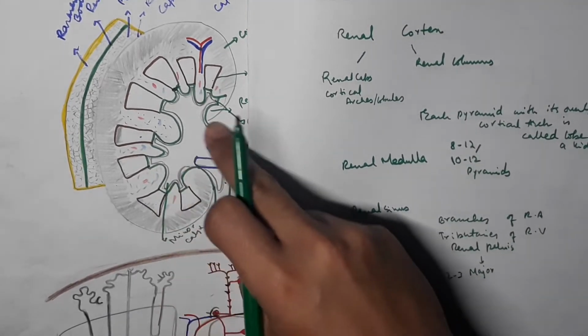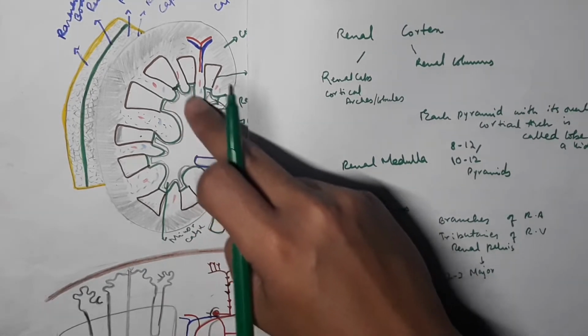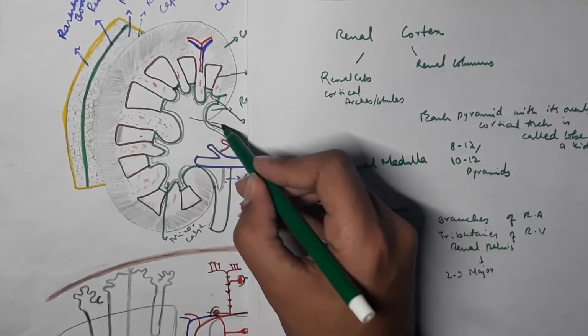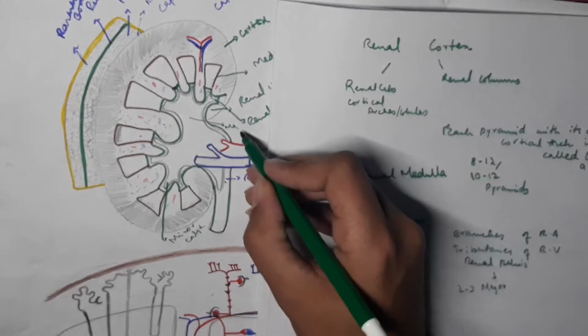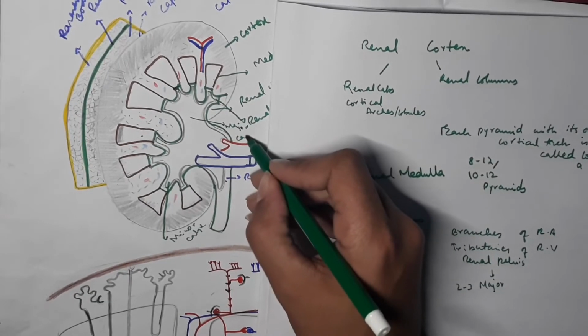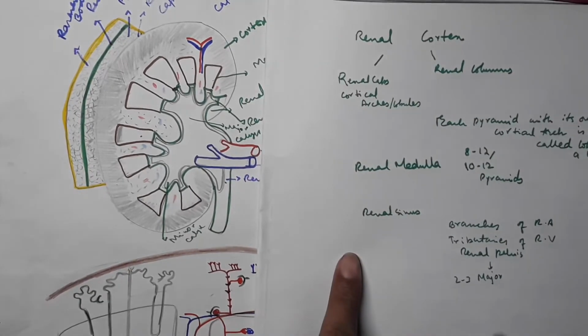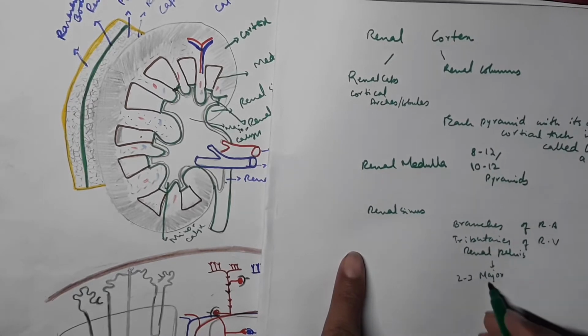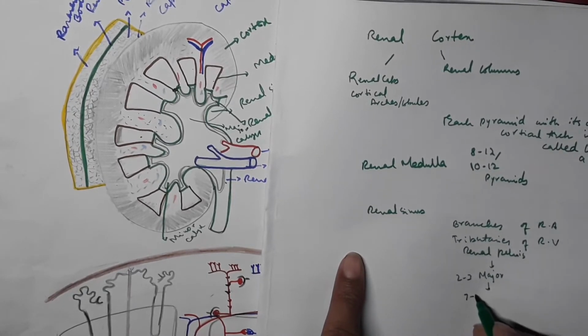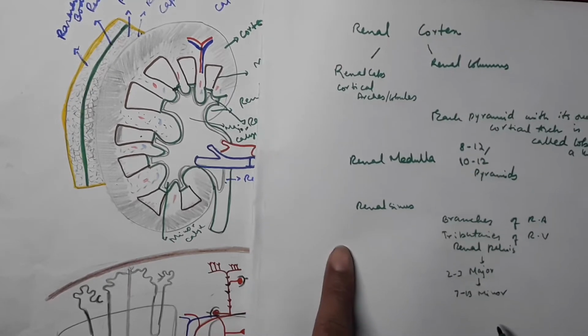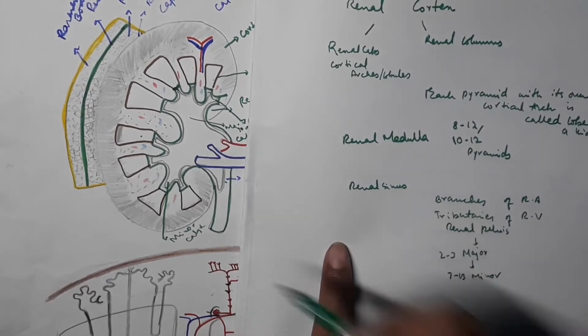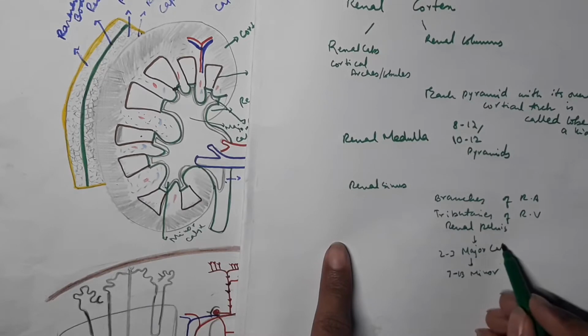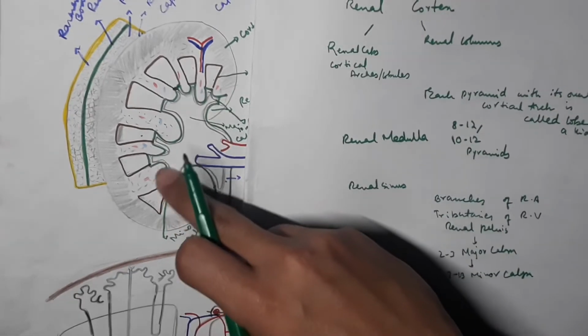This is the renal pelvis. This is the major calyx. These 2 to 3 major calyx are further divided into 7 to 13 minor calyx. This is the minor calyx.